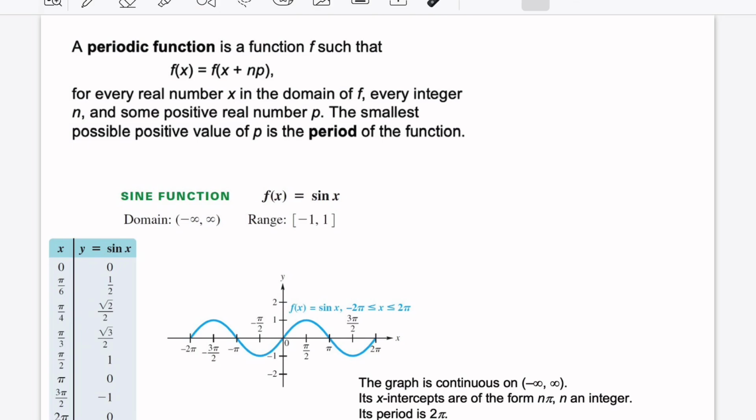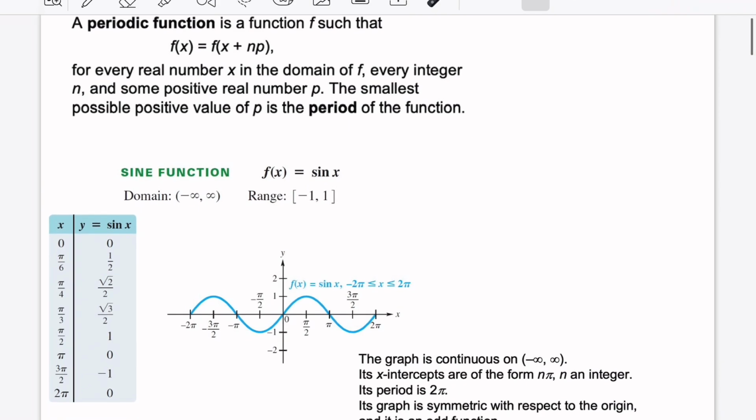So here is our sine function. We saw from the last video that the domain will be all real numbers and all of our output values will range between -1 and 1. And so this is what the graph of our sine function looks like. Now this is a periodic function, and what it's doing here is called oscillating.